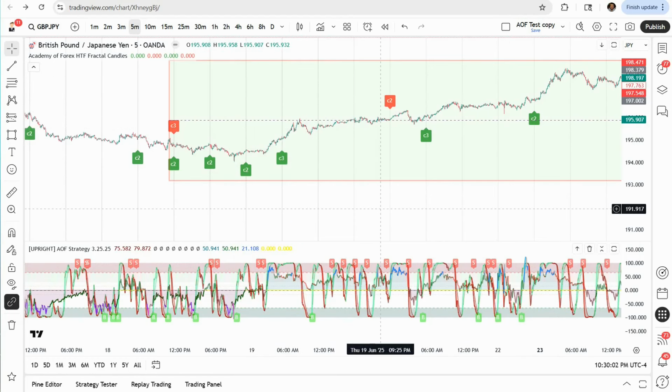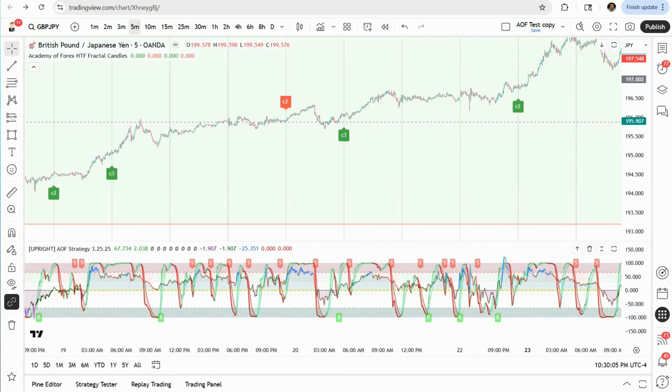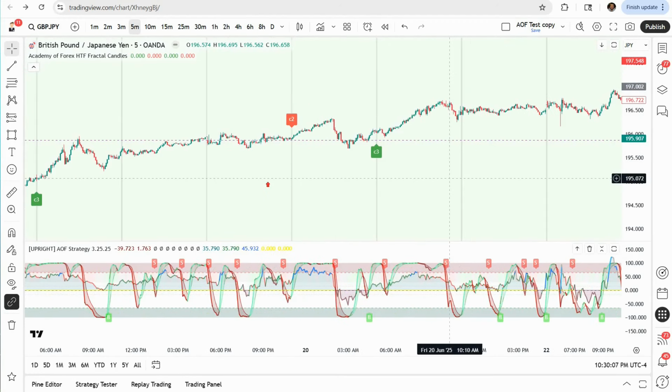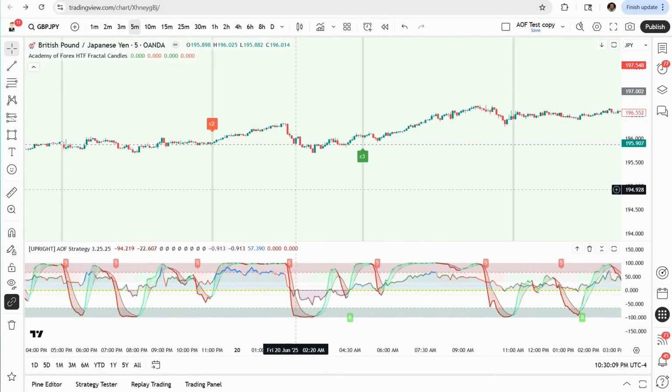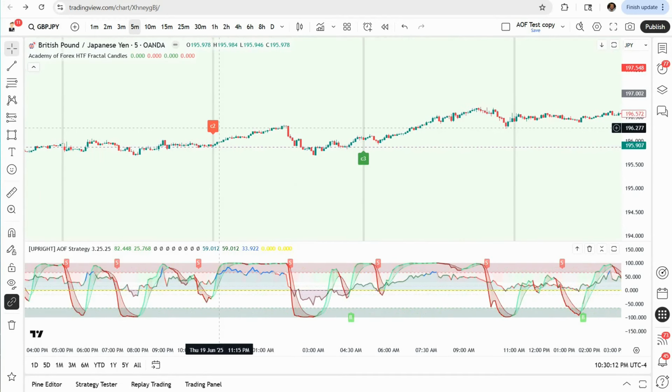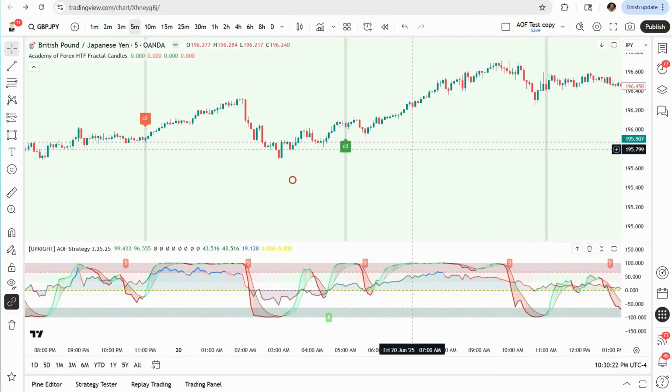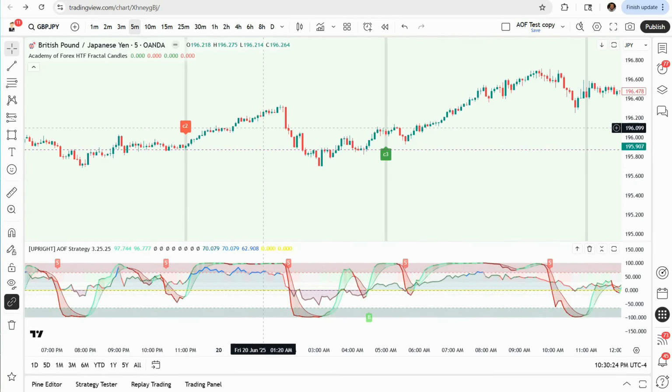And you can see how the only time that you would have been justified in taking a sell trade would have been right here during this one candle where it was showing that you could anticipate a bearish candle being formed. And as we picked up the sell tag right here, you can see that we would have indeed hit profitability on that trade right there.